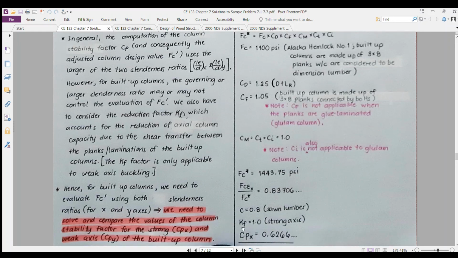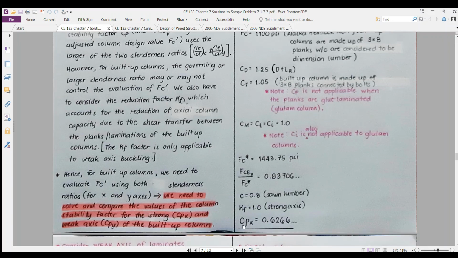So since the value for the K sub F is equal to 1.0, according to the lecture slides, when we were considering the strong axis, the value of K sub F is equal to 1.0, and we have value C sub Px of 0.6266.